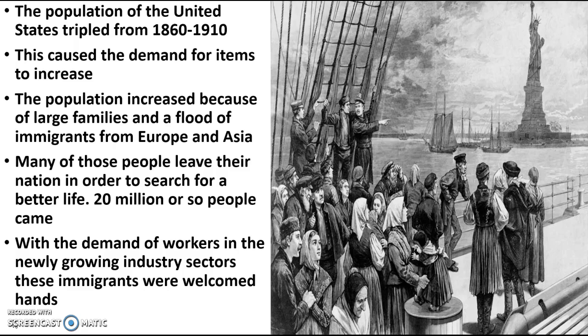The other thing was a flood of immigrants from Europe and Asia. We did that Achieve 3000 where we talked about Angel Island, and that's where the Asian Americans come from. They came from their area, Japan, China, Philippines, Mongolia, Australia, and then they had to go through the process at Angel Island.